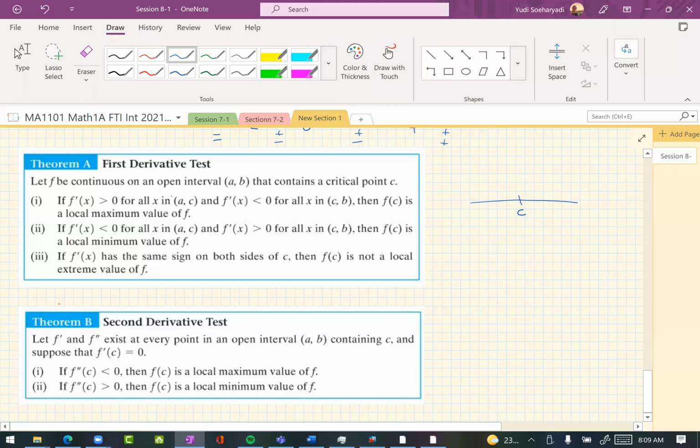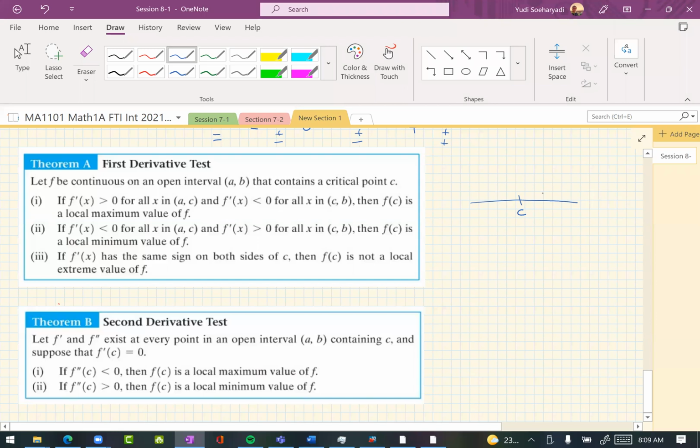So basically you have a sign chart. And this is positive to the left of, so this is the sign chart for the first derivative, and then negative to the right.